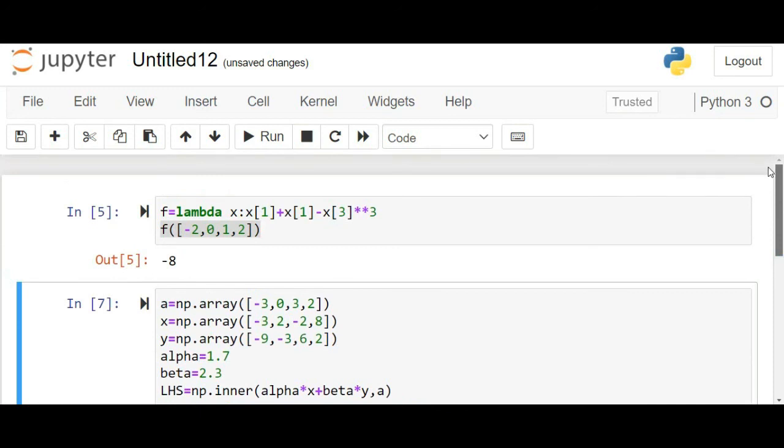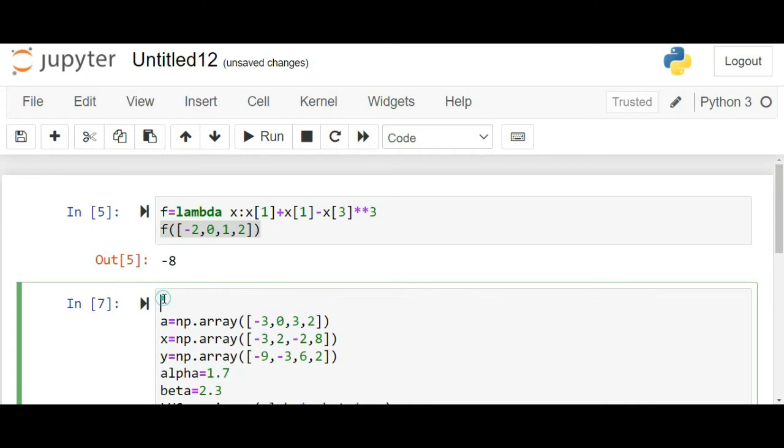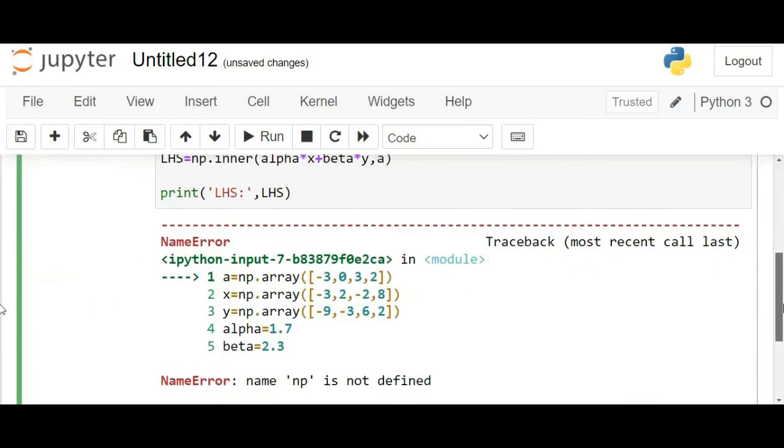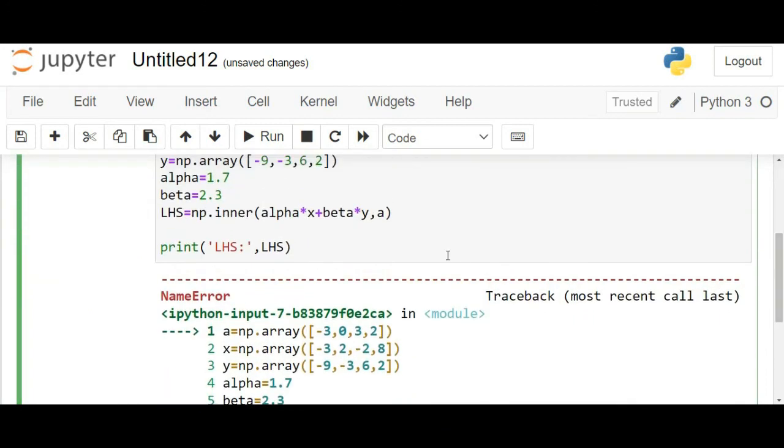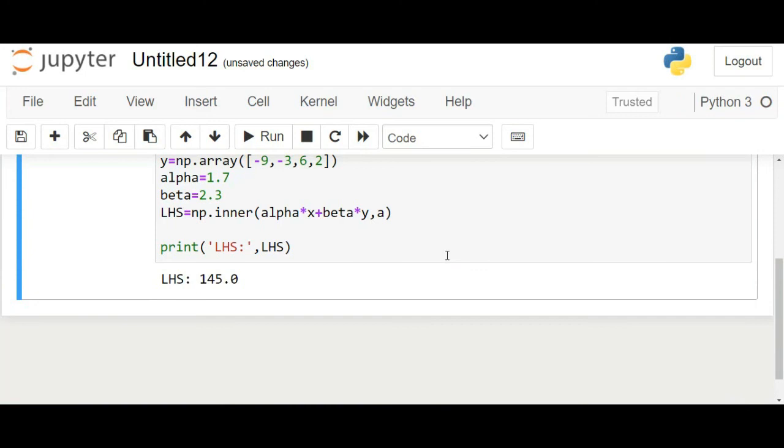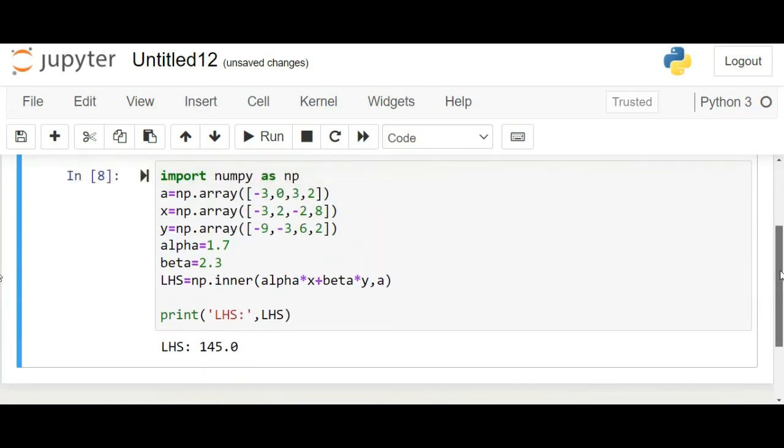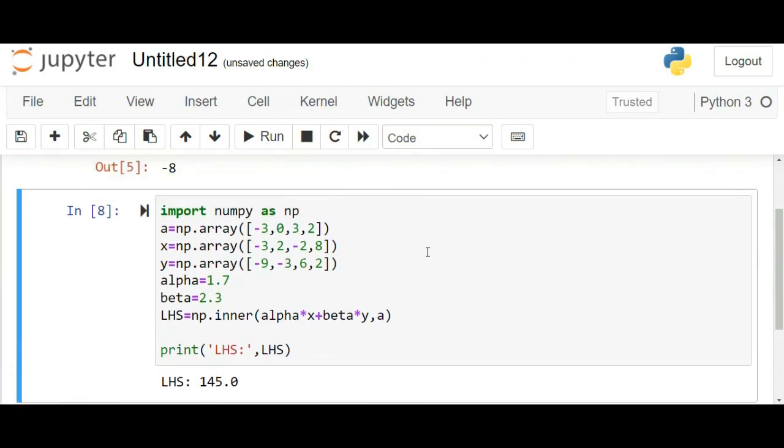Maybe we should write over here import numpy as np. If we run it, yes, our answer is 145.